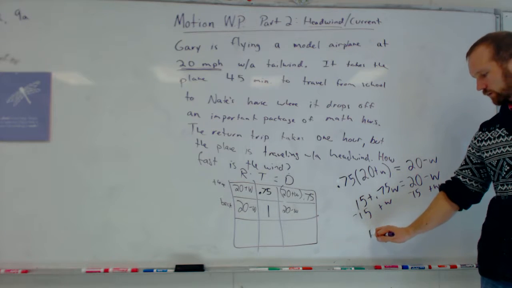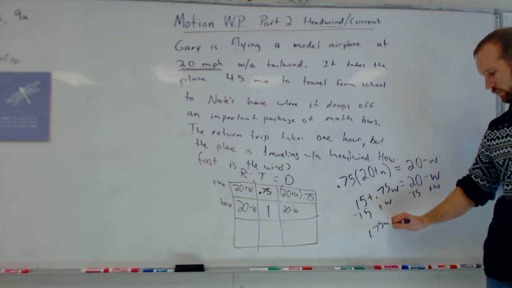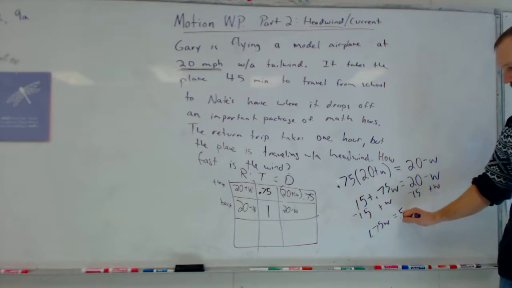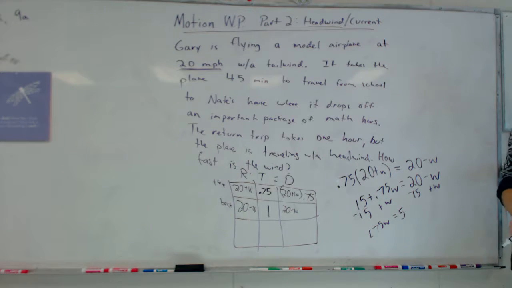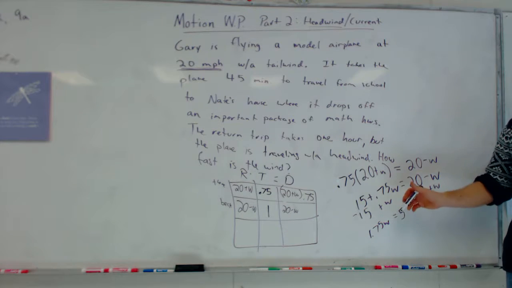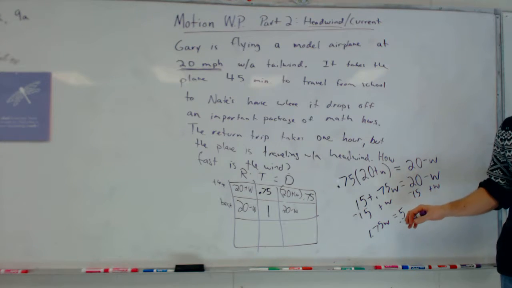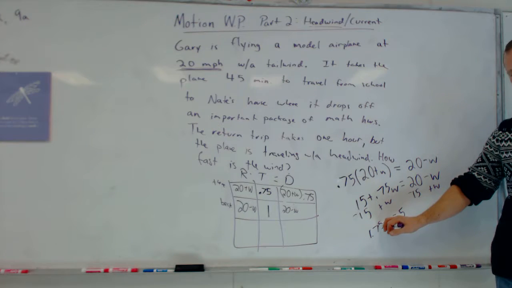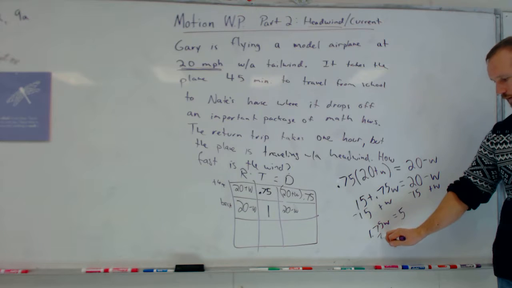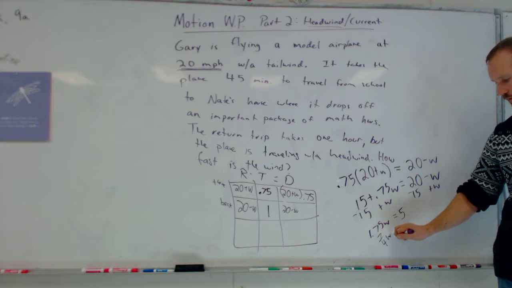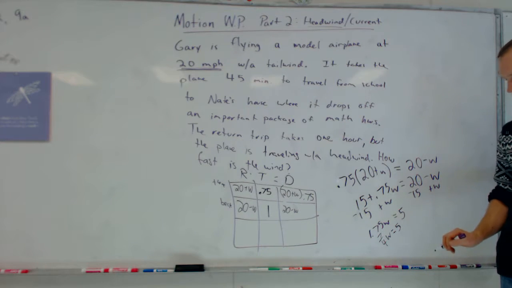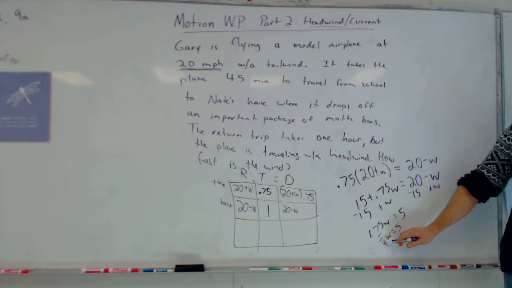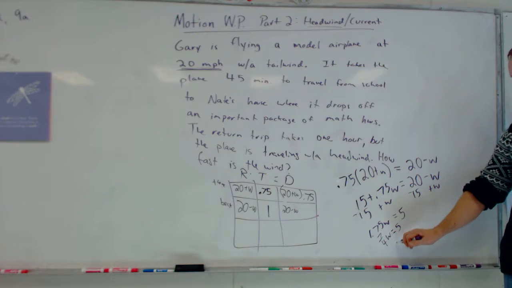So I have 1.75 W equal to 5. You could either get out a calculator at this point, or you could divide, or we could convert this into a fraction. That's 3/4 plus 4/4, so I know I have 7/4 of W equals 5. And then I could multiply times 4 and divide by 7.